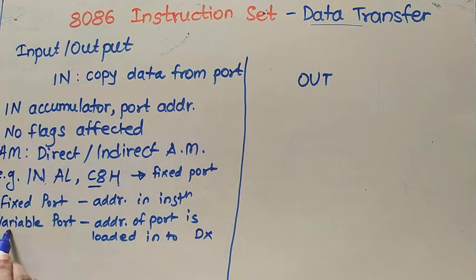For variable port, we can take the example MOV DX, comma, 0FF0H. So, here DX is initialized to point to the port specified by the address 0FF0H, and then IN AL, comma, DX.